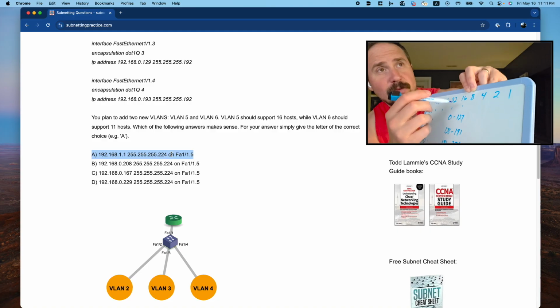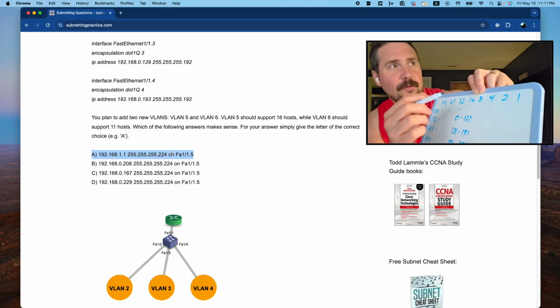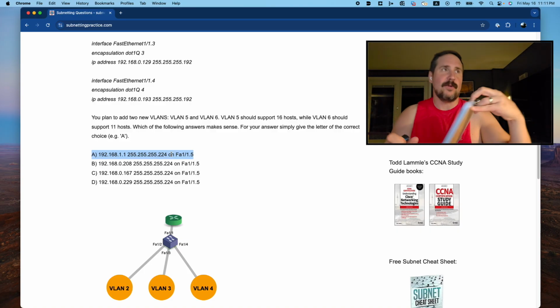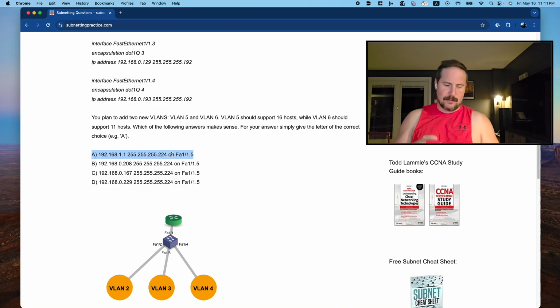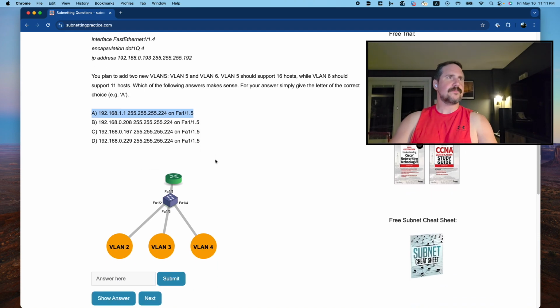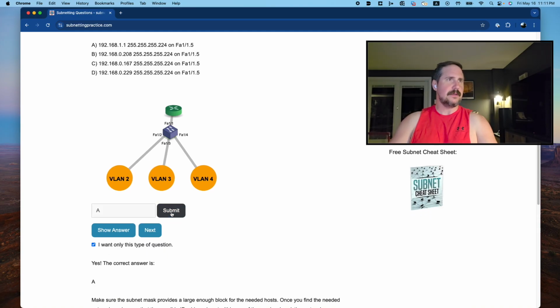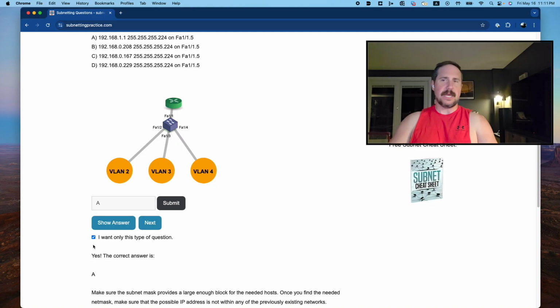So your available host space is always minus 2 from what you see above here. Therefore, we wouldn't have 16 available hosts in that case, which is why we need to go up to the next block size, 32, which would give us 30 available hosts. So I believe that A is the correct answer. Submit. Yes, the correct answer is that.